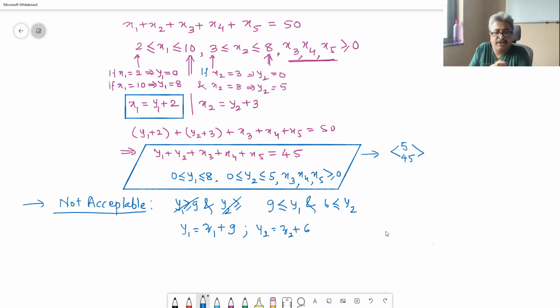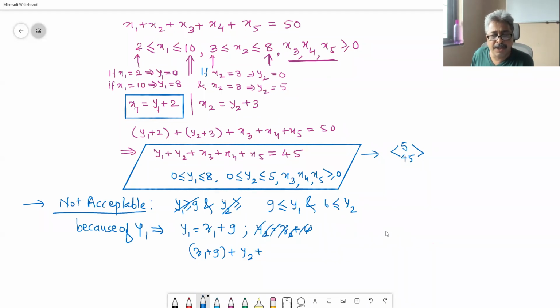The equation that is not acceptable because of y1: we will be putting z1 plus 9 plus y2 plus x3 plus x4 plus x5 is equal to 45, and therefore z1 plus y2 plus x3 plus x4 plus x5 is equal to, how much is this? 36.